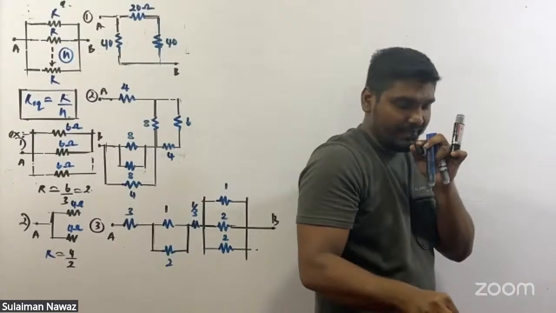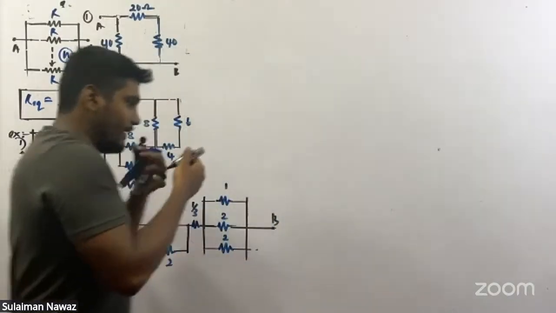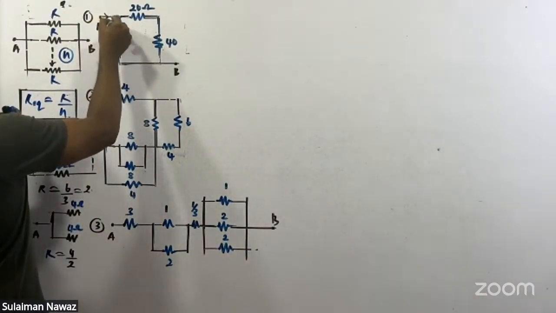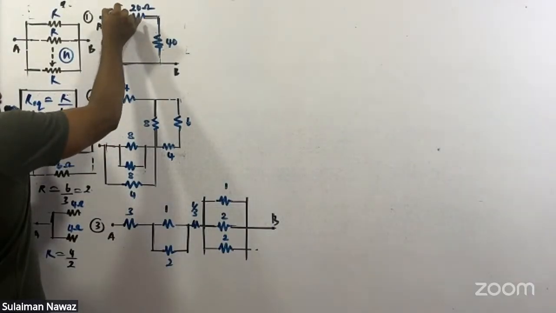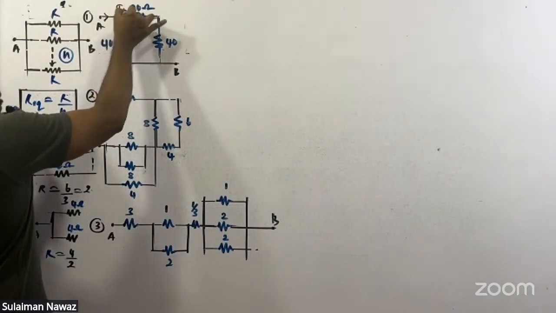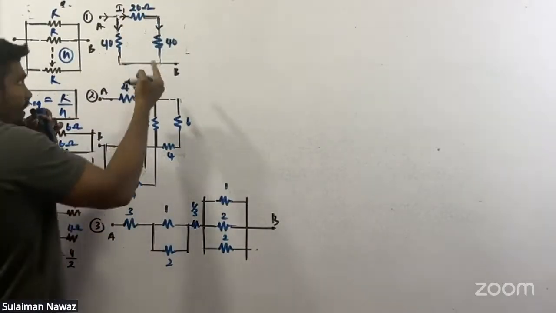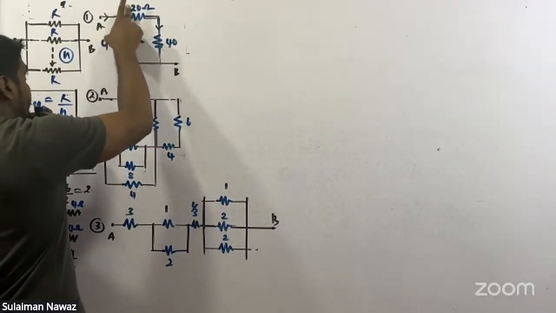For example, if you consider current passing from capital A, this current breaks into 2 parts. Whatever current I1 passes through 20, the same I1 current passes through 40. Simply, these two are in series, right?